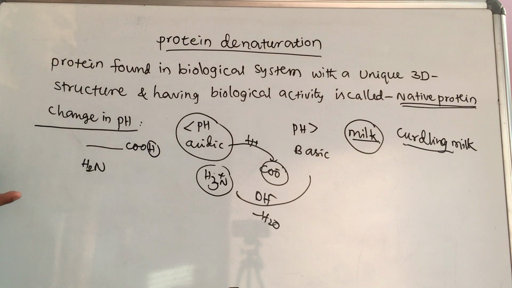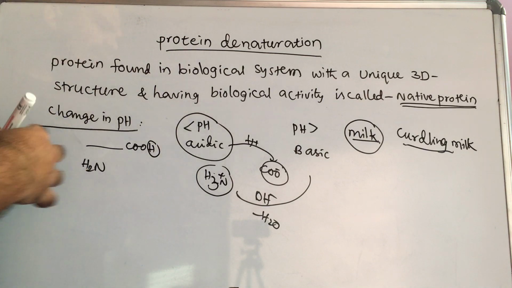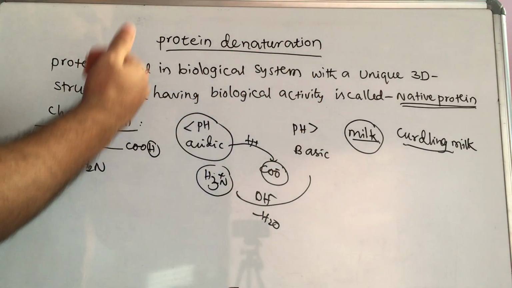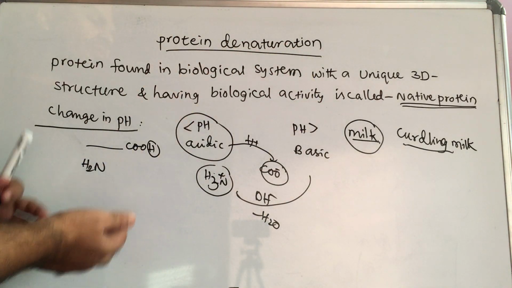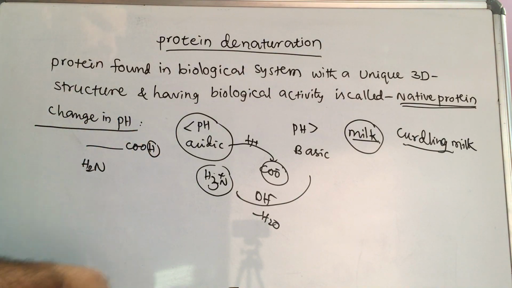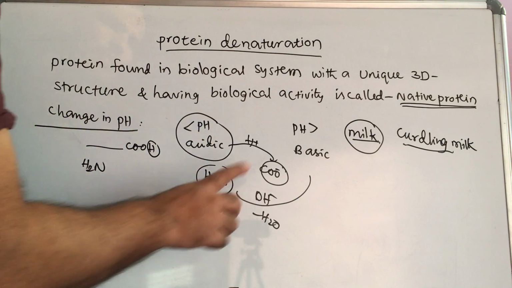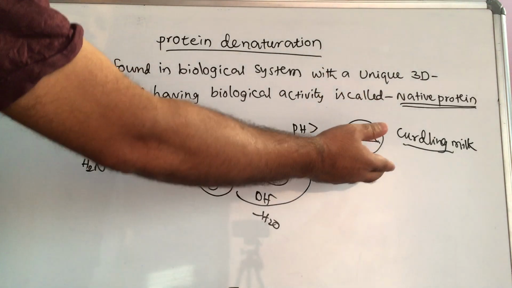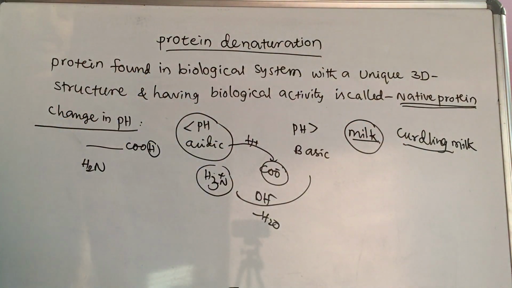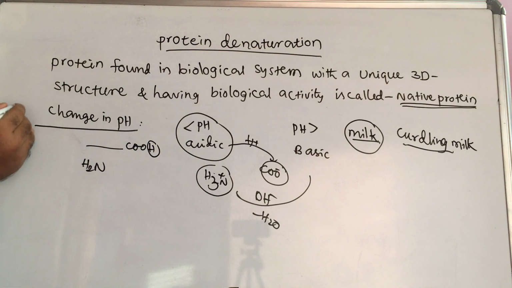Lactic acid means an acidic medium, and due to this acidic medium the pH is decreased. In that acidic medium, the soluble proteins are precipitated down. That is called denaturation of protein. So curdling of milk is protein denatured by changing the pH, and this is one physical change that denatures a protein.